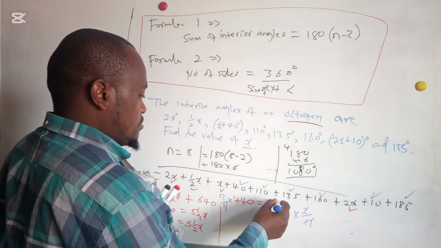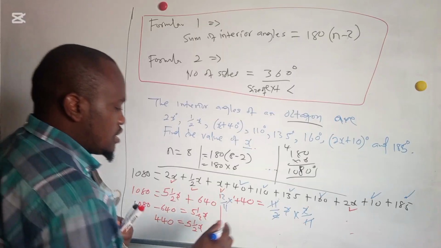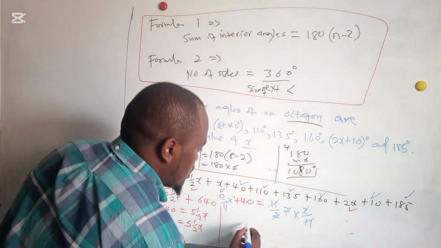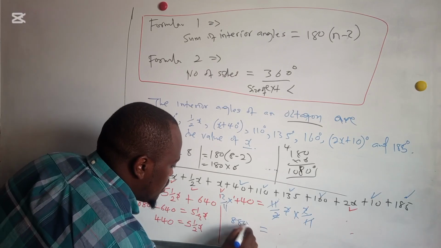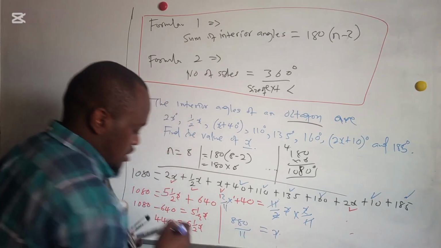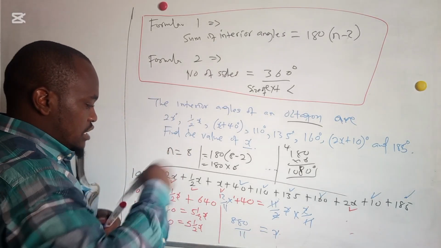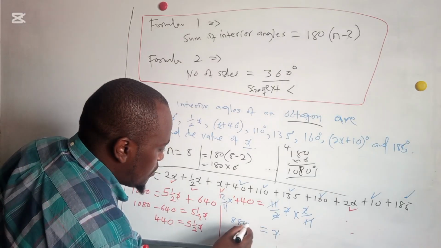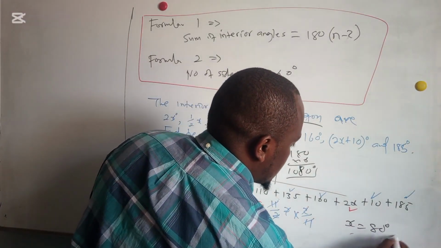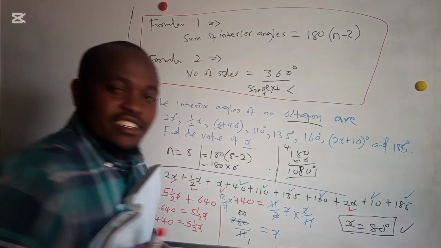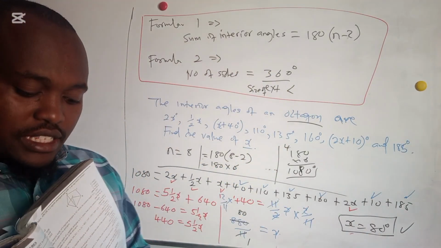This one you cancel, while this one remains 2 times 440. So 2 times 440 is 880 over 11 is equal to x. So you divide by 11, 11 by 11, 80. So x is equal to 80 degrees. And that is our answer.